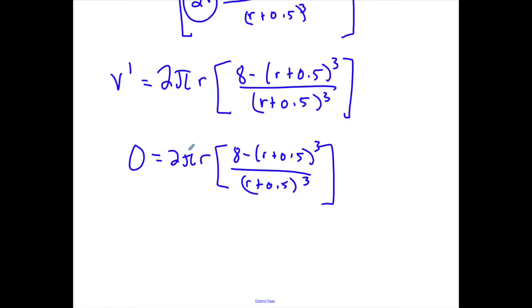So if I'm looking at this, either 2 pi r is 0, possible, or the stuff in the parentheses is 0. Now, the 2 is not 0, so that's not something we're going to really consider. The pi is not 0, so that's not something I'm going to consider.